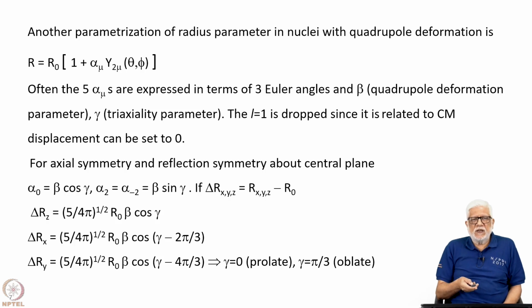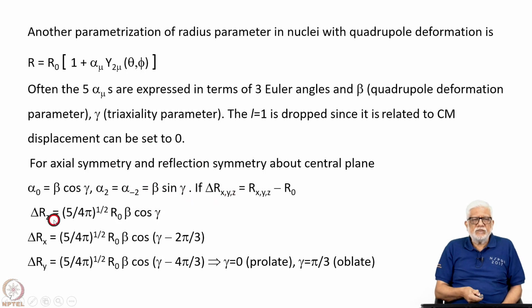For axial symmetry and reflection symmetry about a central plane, the number of parameters reduces. So what happens is that alpha 0 is just beta times cos gamma, but alpha 2 is the same as alpha minus 2 because of this axial and reflection symmetry, and that's beta times sine gamma over root 2.